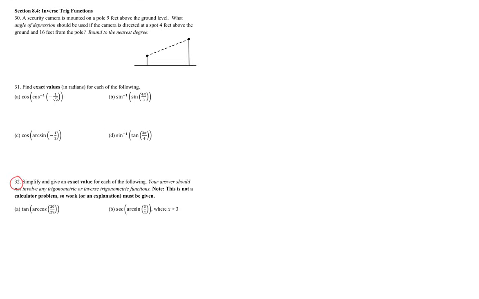All right, now we're going to simplify and give an exact value, starting with the arc cosine of 20 over 29. We're going to go ahead and draw a triangle here. We know that this cosine, if we call this theta, is going to be our adjacent over our hypotenuse, that's 20 over 29.